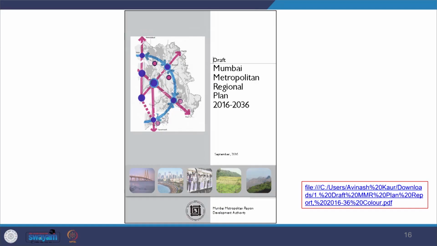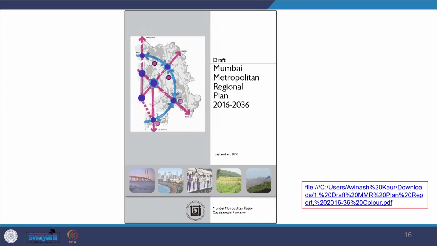We can see from this example how these profile buildings are done. This is not exactly from an EIA report, but I've taken it to show how social profiles are built. I've taken the example from the Mumbai Metropolitan Regional Plan 2016-2036.